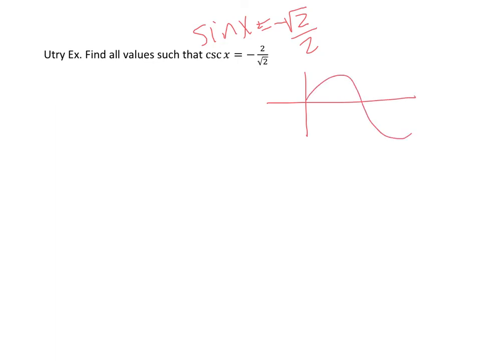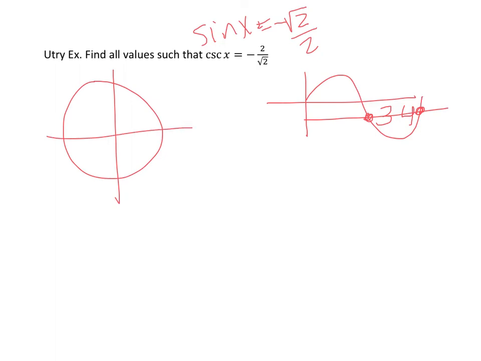Well, if I think about my sine graph, it's going to hit twice in the negatives. That's quadrant 3 and quadrant 4. So if I think about my circle, over here, what angle will I be at if I'm going to hit negative radical 2 over 2? I'm going to have to be at 5 pi over 4. So there's one answer.